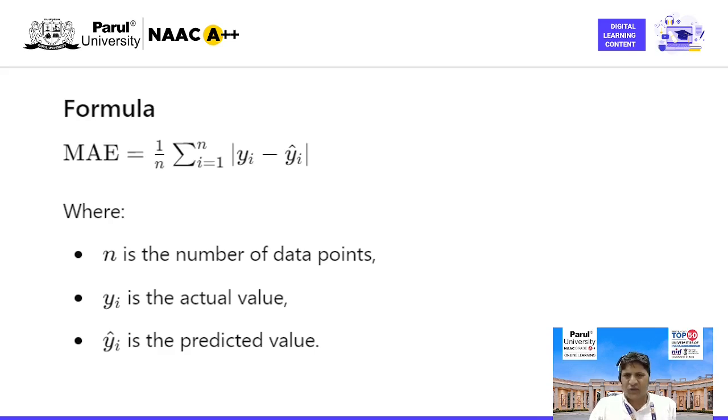Yi is the actual value. Suppose the first actual value is 3 and the predicted value is 4, then 3 minus 4 gives 1 in absolute terms. That 1 is the difference between the actual value and the predicted value. This is the absolute mean error.